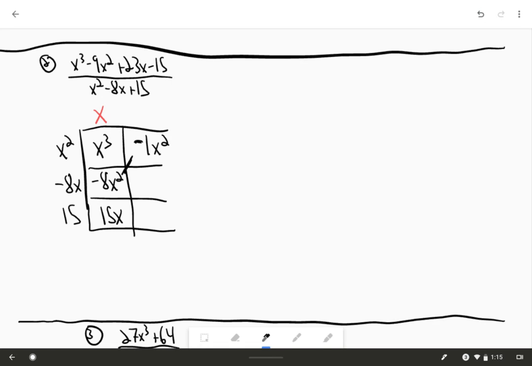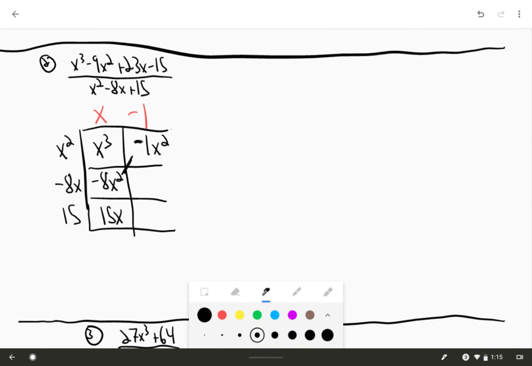Now I'm going to repeat this. So x squared times what is negative 1x squared? Well, it's going to be x squared times negative 1. Is x squared times negative 1 equal to negative 1x squared? The answer is, of course, yes. So let's finish out this row here.